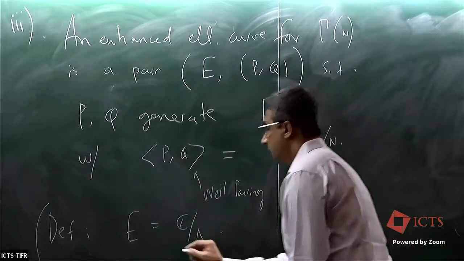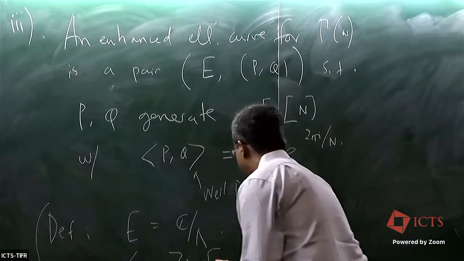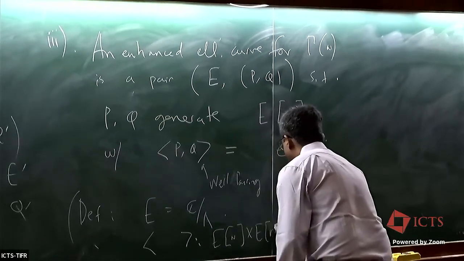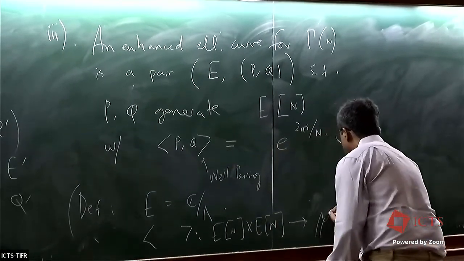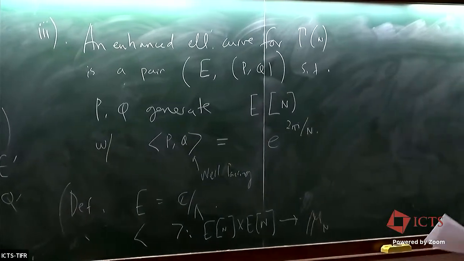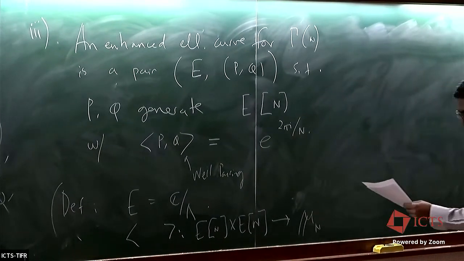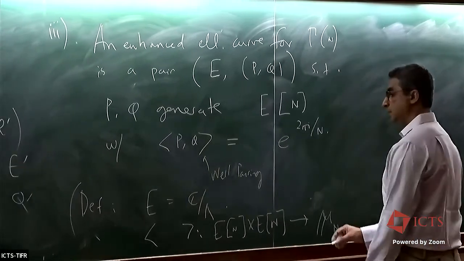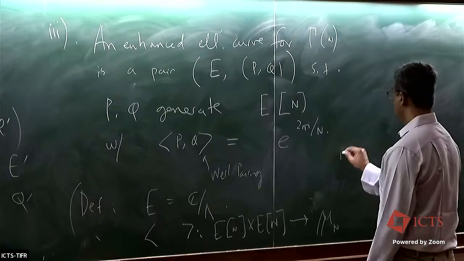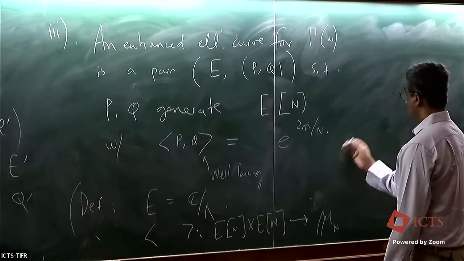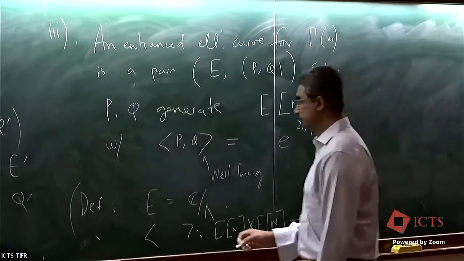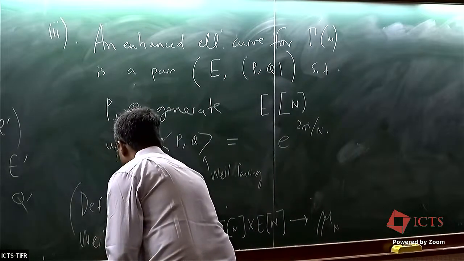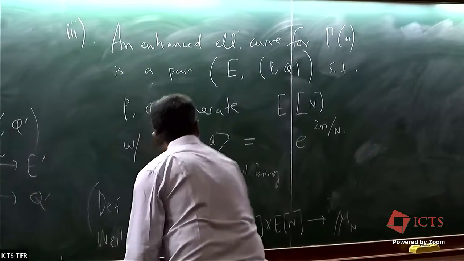Then the Weil pairing, diamond bracket, from E_N cross E_N to the Nth roots of unity, which I'll denote by mu_N.